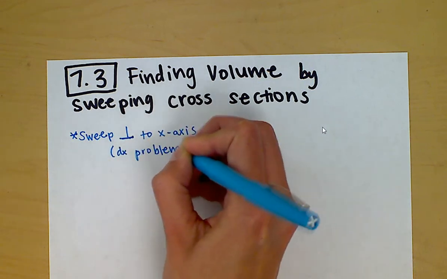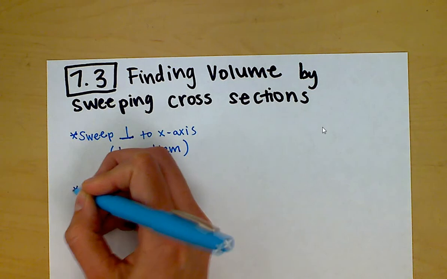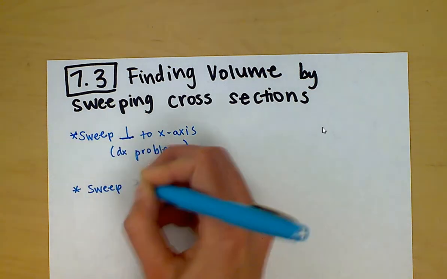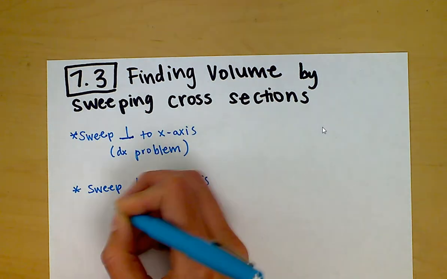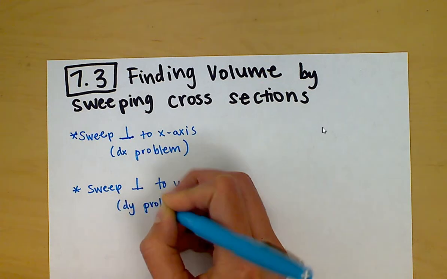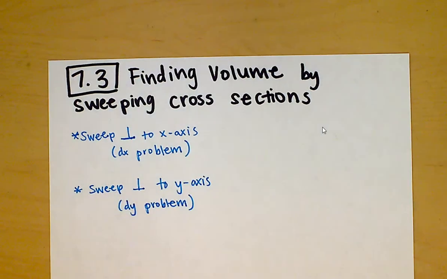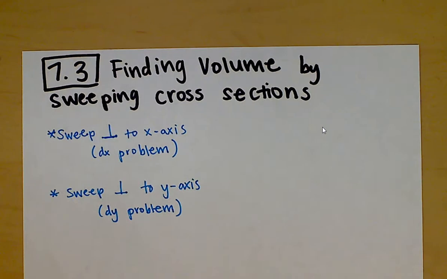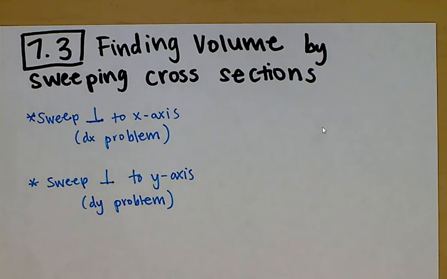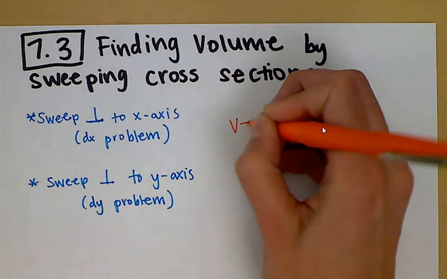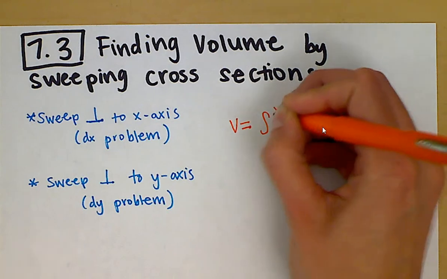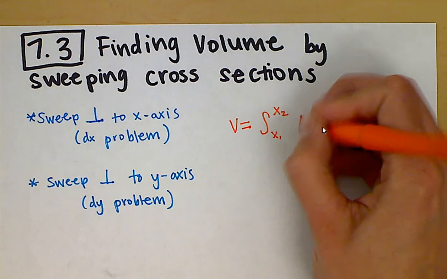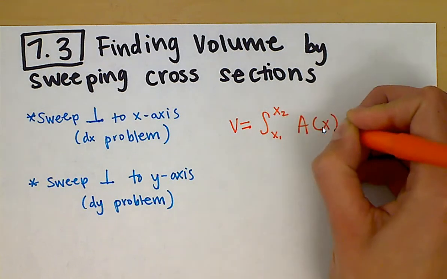or if we sweep perpendicular to the y-axis, which would be a dy problem. So the two different volume formulas that we're going to get: the first one, my volume will be the integral from x1 to x2 of whatever the area of my shape is in terms of x, dx.